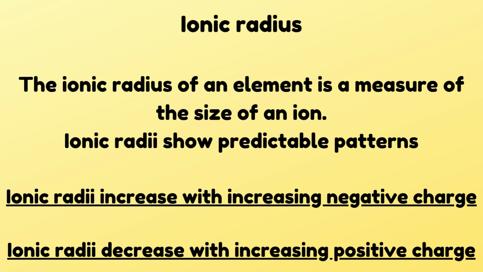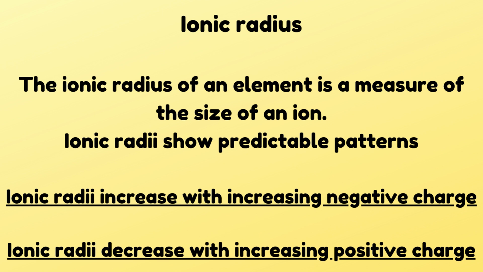More positive charge, less electrons. So radii decrease. Ionic radii increase with increasing negative charge. Ionic radii decrease with increasing positive charge. That means cations are smaller and anions are bigger when compared to a neutral atom.